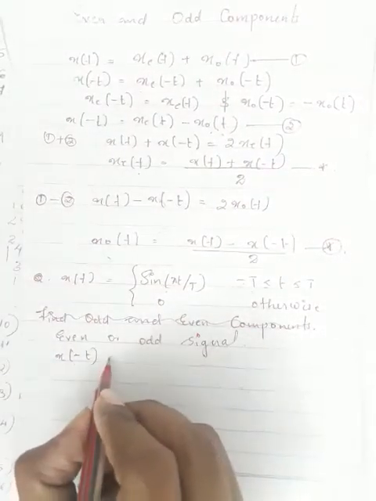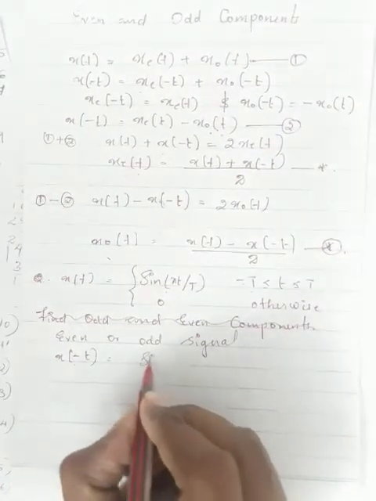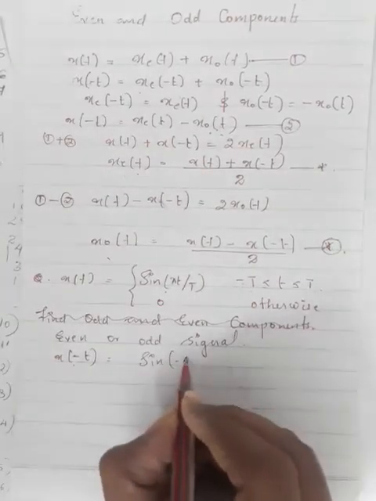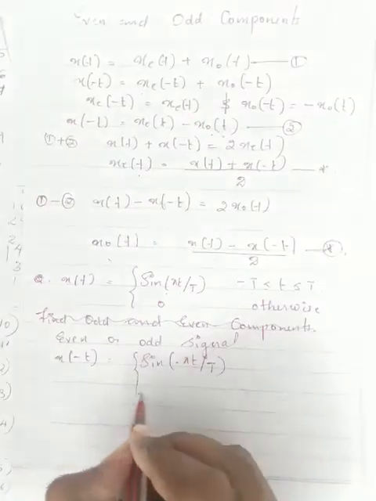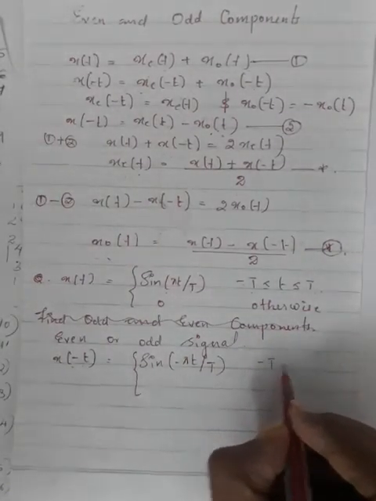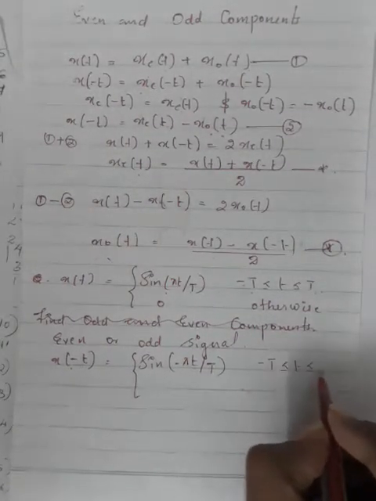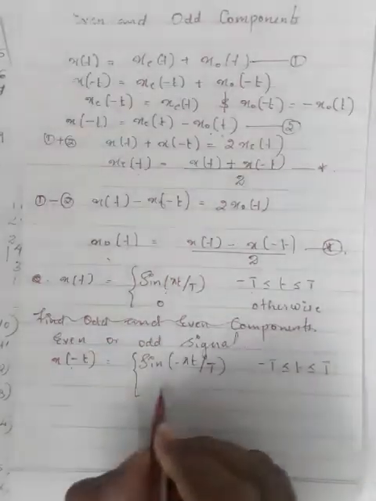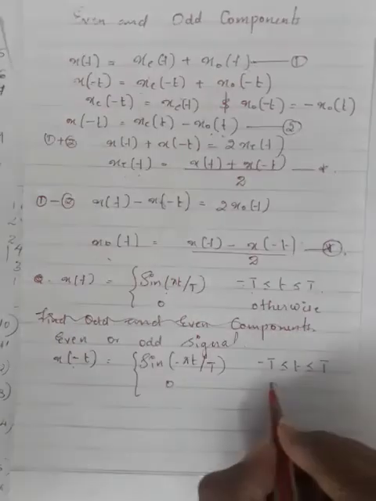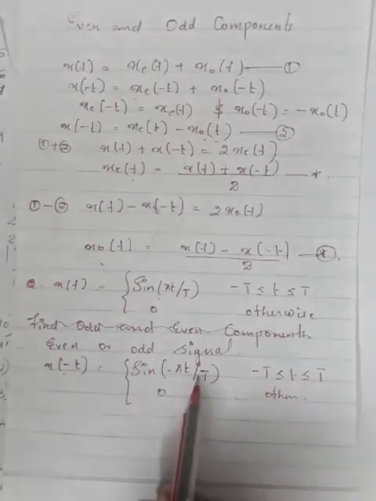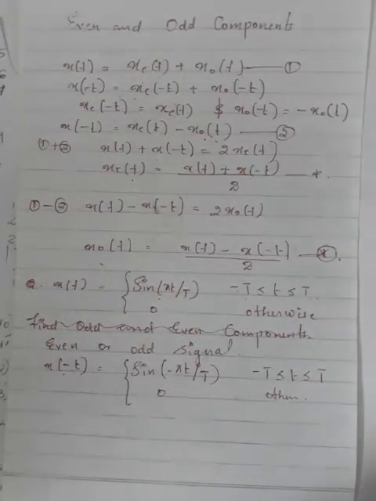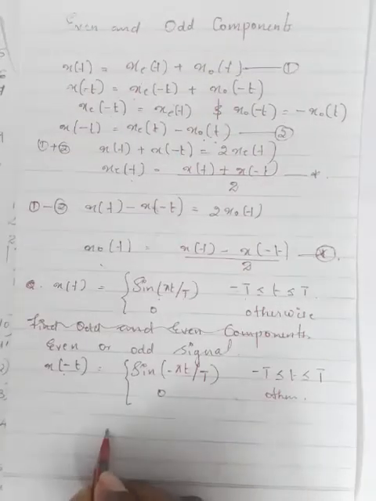So x of minus t is equal to sine of minus pi t by capital T for minus T less than or equal to t less than or equal to capital T and 0 otherwise. Now sine of minus theta is equal to minus sine theta, that we all know.